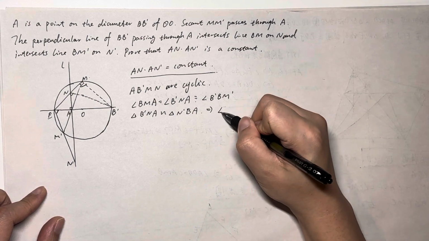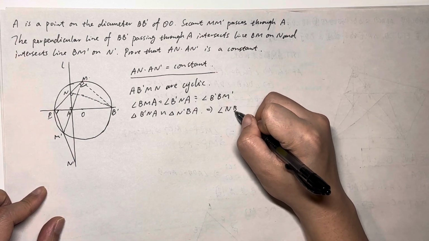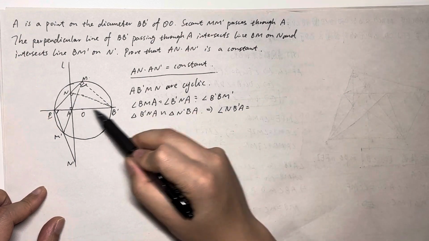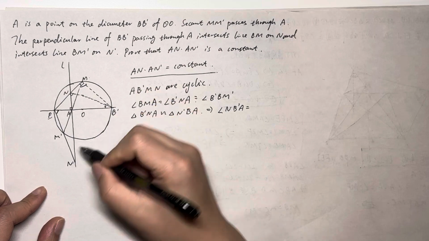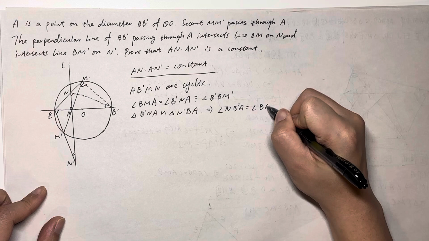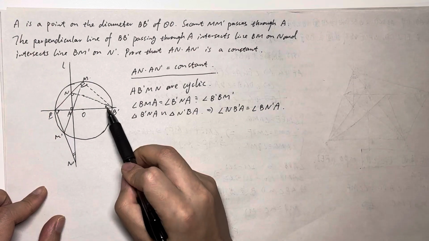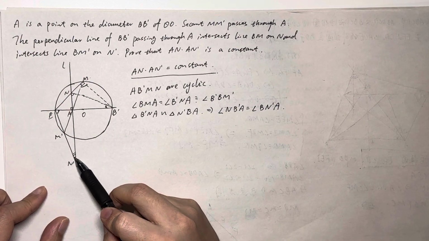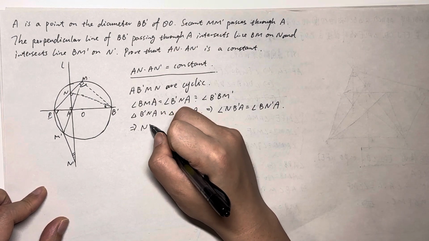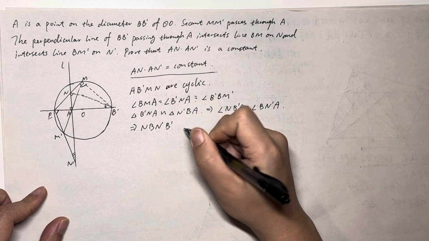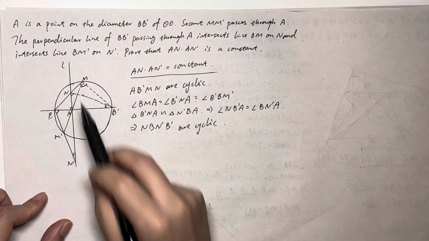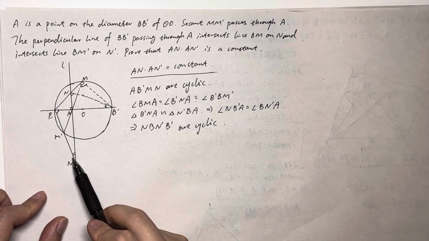And we know that angle NB prime A equals angle BN prime A, which means N, B, N prime, B prime are cyclic. These four points are cyclic because this angle equals this angle.